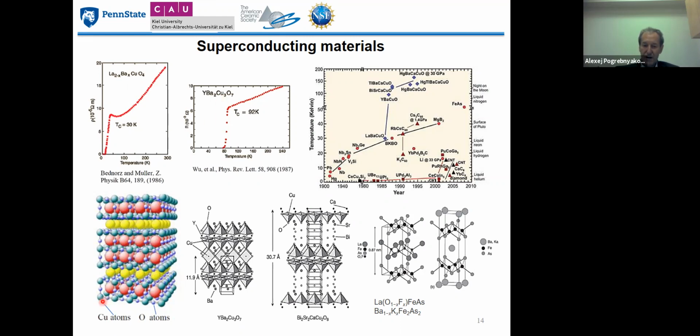Copper atoms are shown here, and oxygen atoms are shown here, and red spheres stand for barium, and the yellow-green spheres stand for yttrium atoms. The superconductivity occurs within these copper oxide planes.